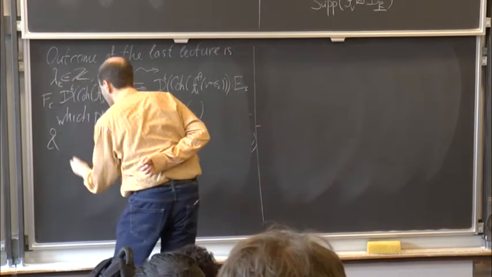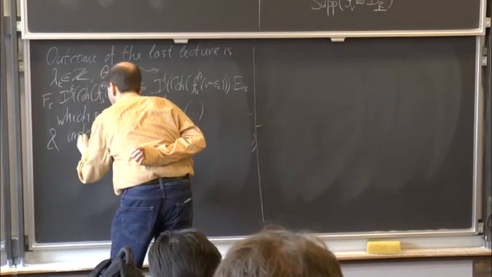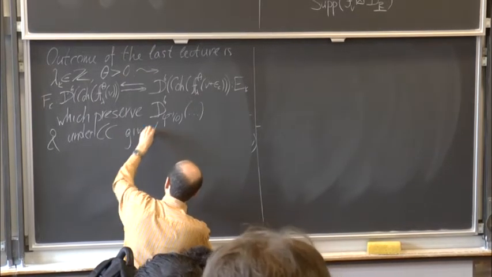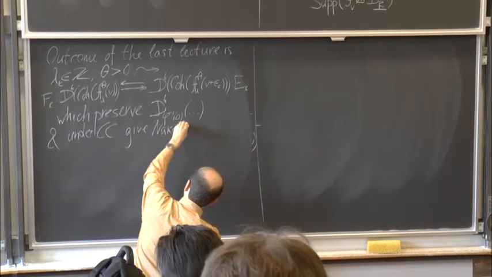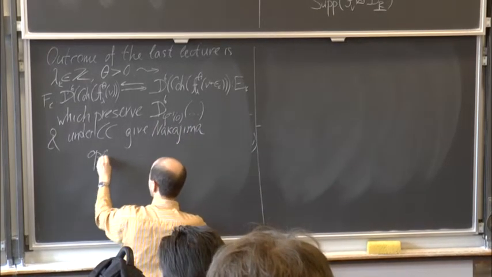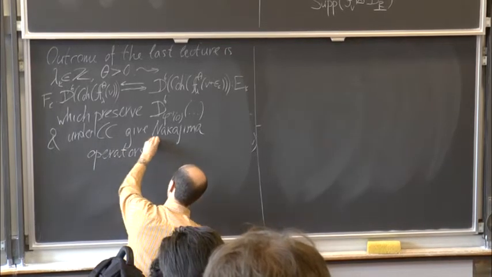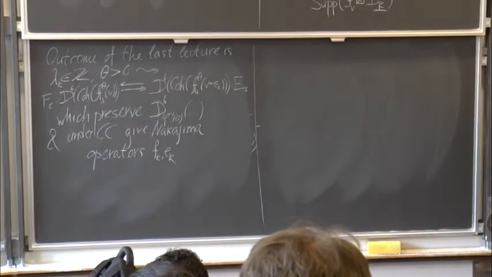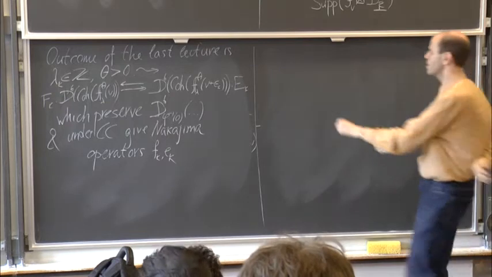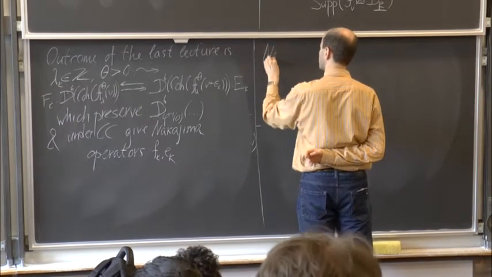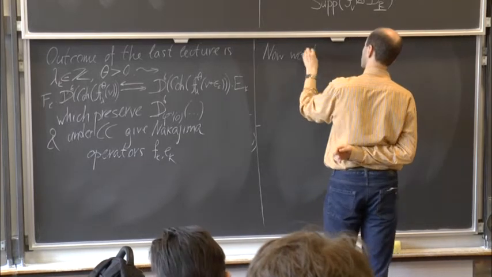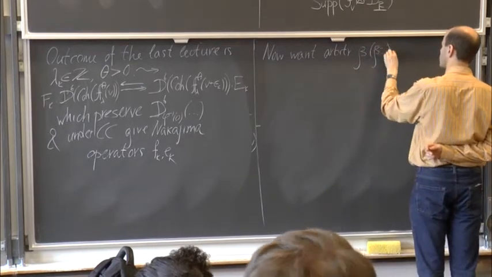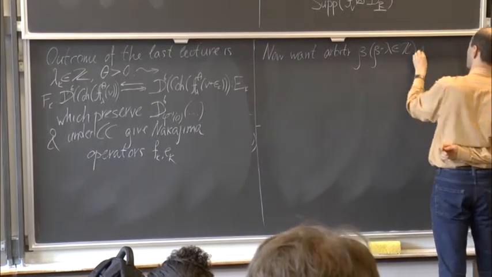under CC, giving fk and ek. And now I'm going to deal, so now I want arbitrary beta, well, with beta dot lambda being integer and theta.